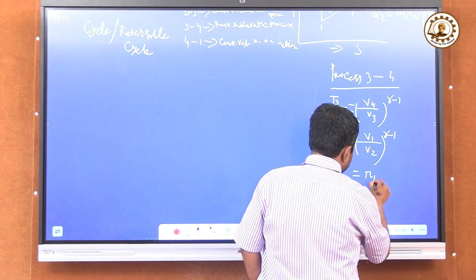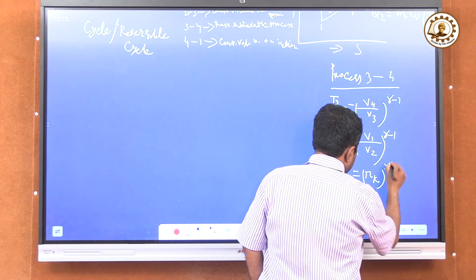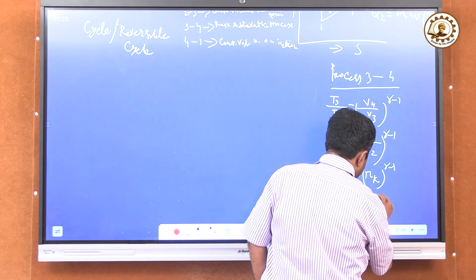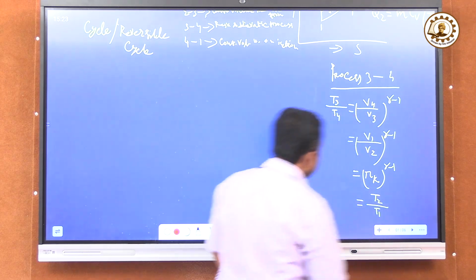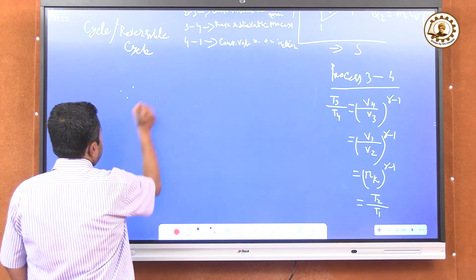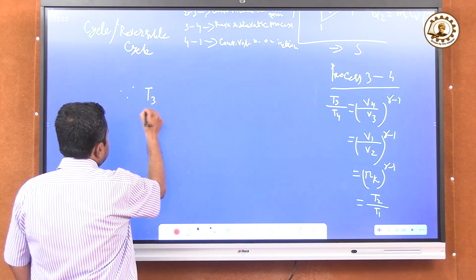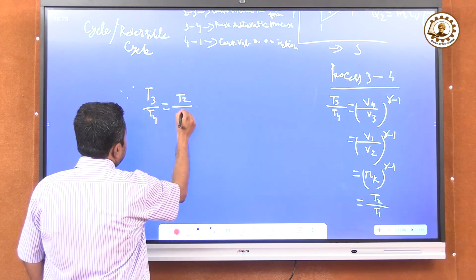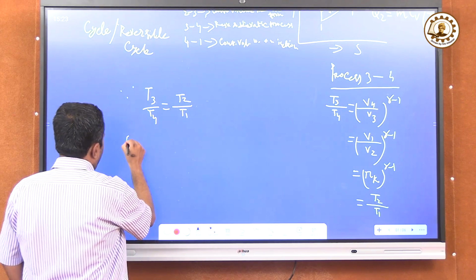Then we can write it is Rk to the power gamma minus 1, and from that it is nothing but T2 by T1. As this is T2 by T1, now we can write T3 by T4 is equal to T2 by T1.